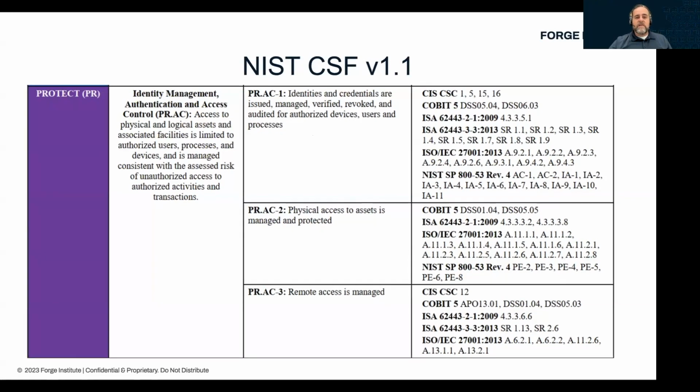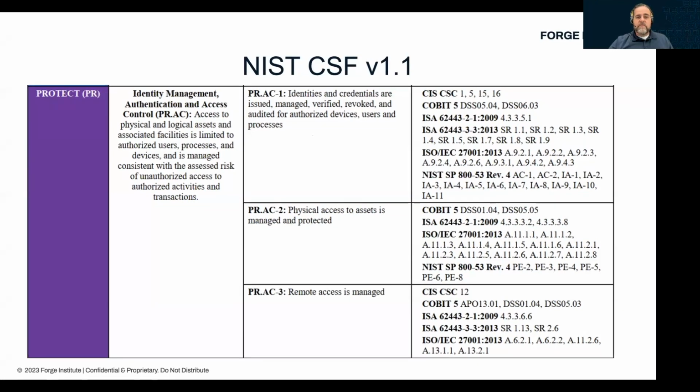So this basically says we have a firm handle on assigning accounts and the privileges associated with those accounts to the roles that go along with them. We have a process for assigning accounts when we have new workforce members.